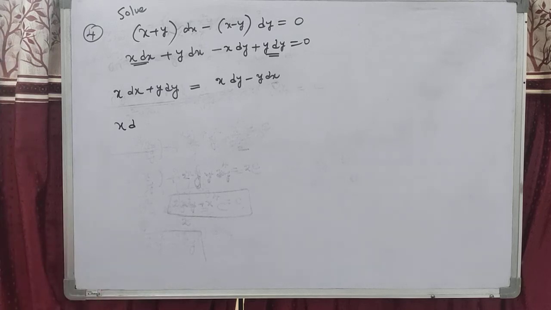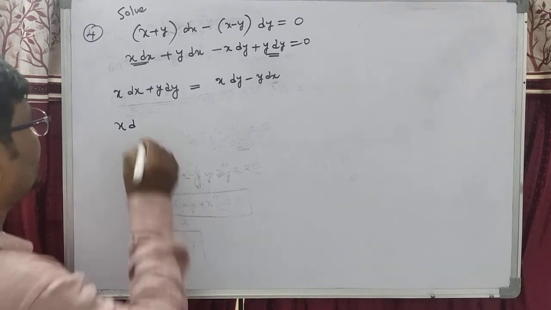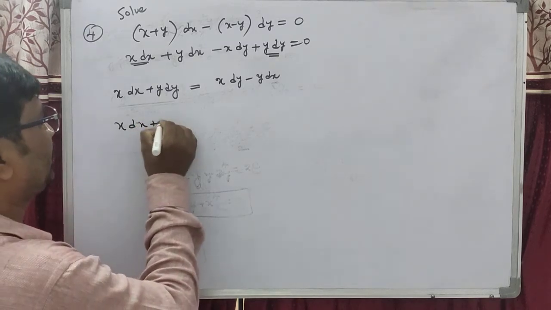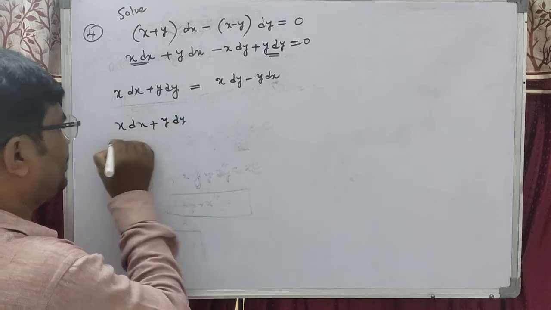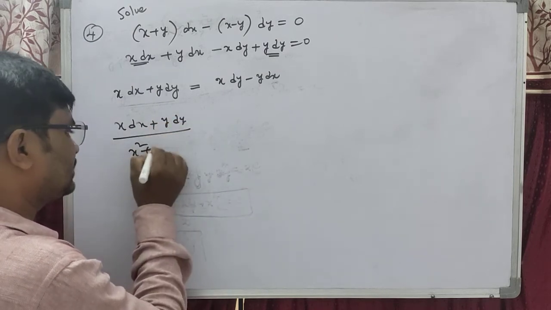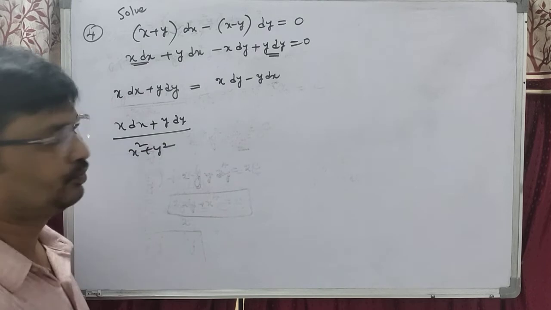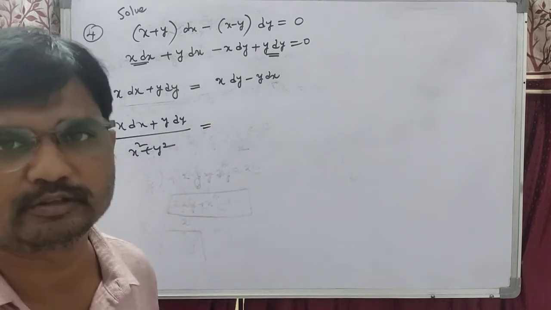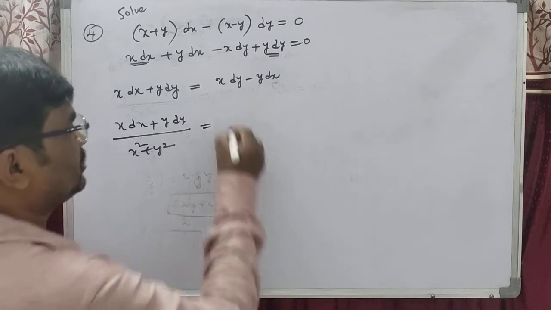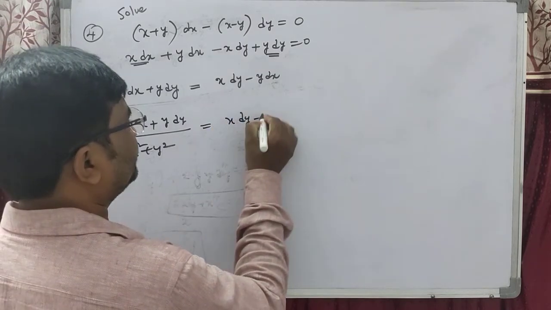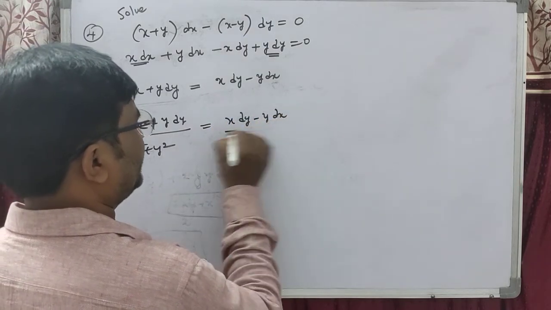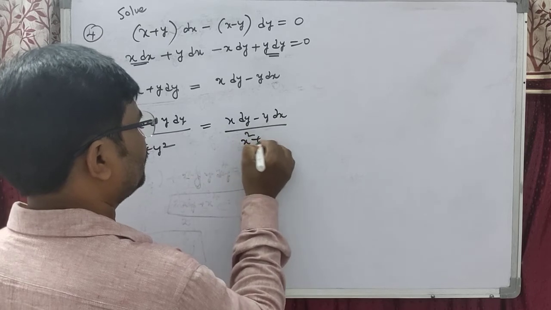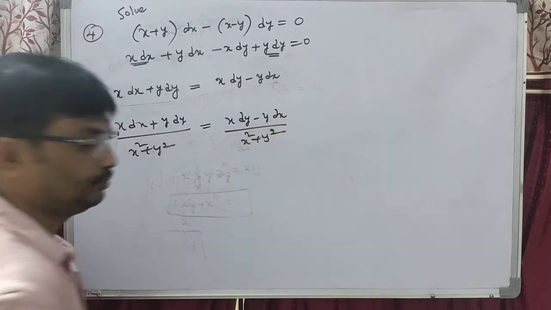My dear students, here I am requesting that x dx plus y dy be divided by x square plus y square, and you can also check the options. Now, students, consider (x dy − y dx) upon (x square plus y square).